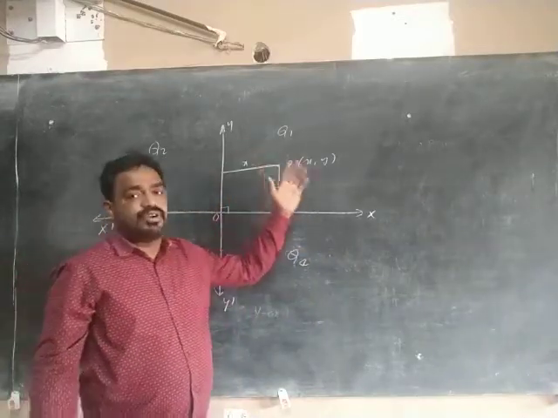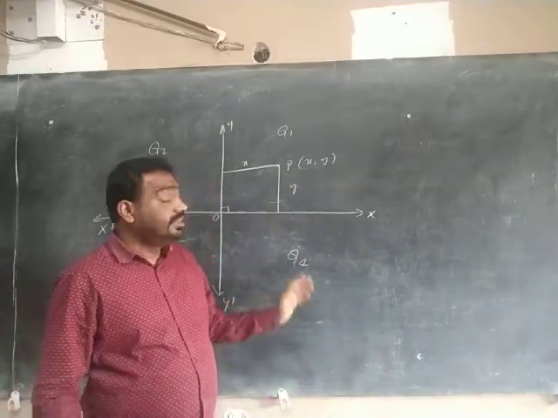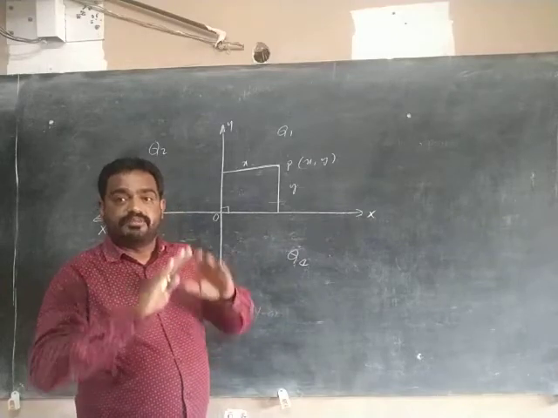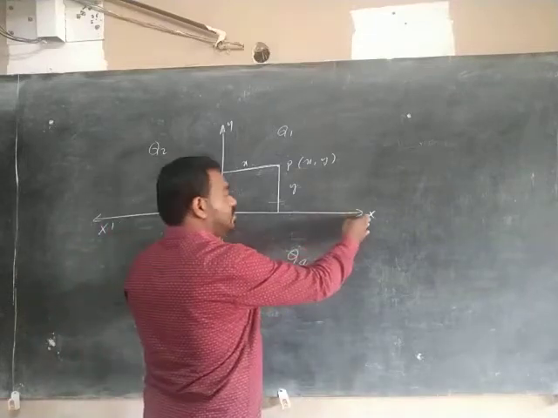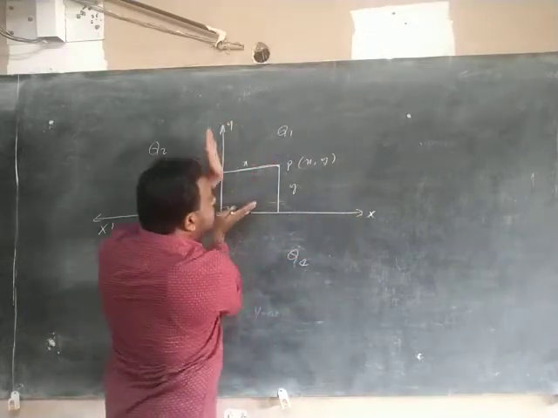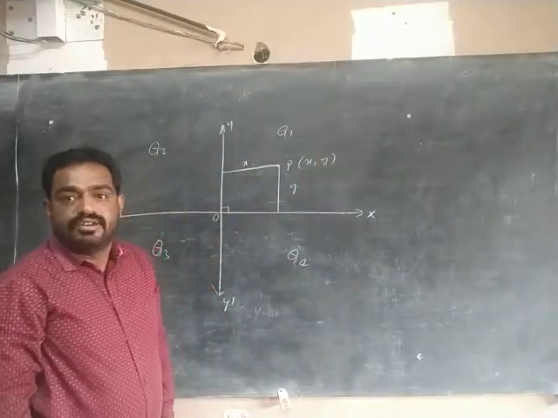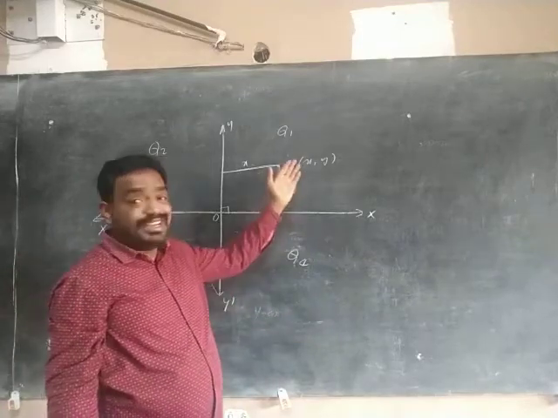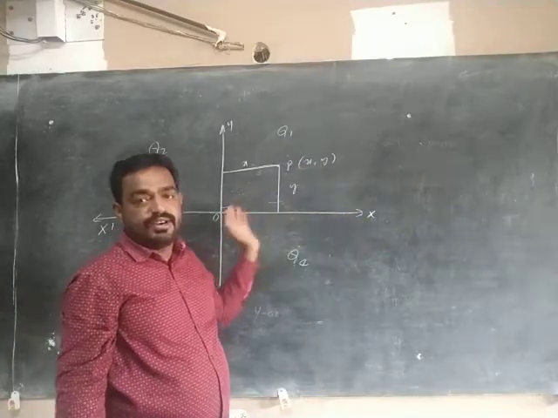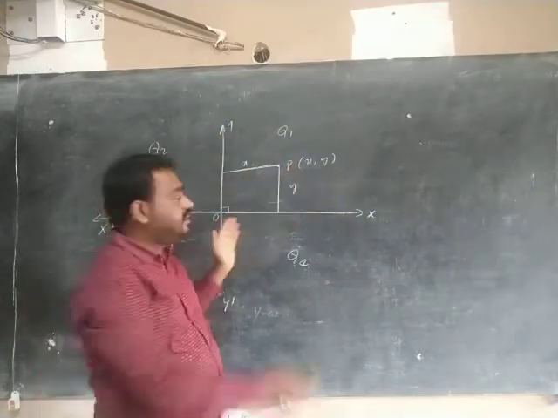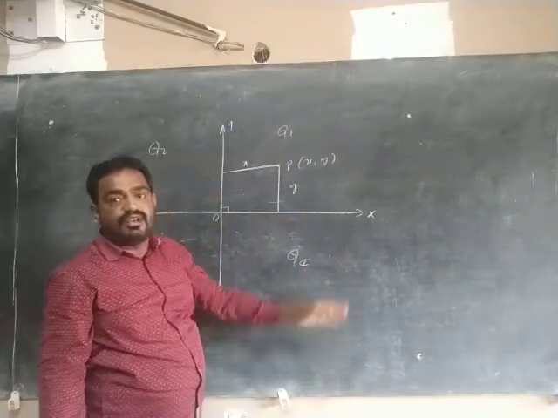The region between the positive x-axis and the positive y-axis is called the first quadrant.